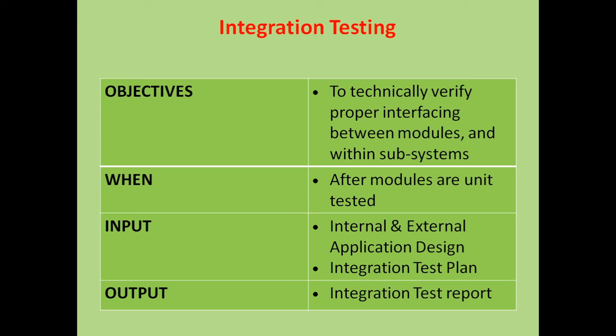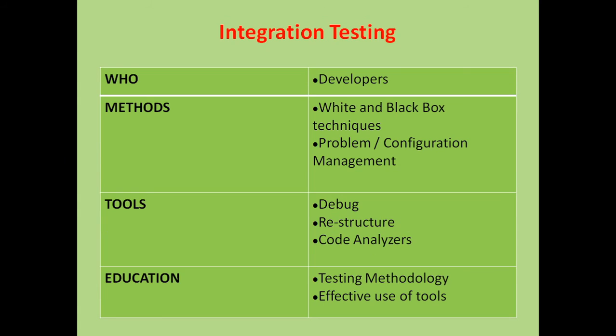So we have to see whether we are able to do what we have given as a part of the external design or not. The integration test plan also has to be the guideline for integration testing. The output is eventually whether it is integrating well or not, what obstacles were faced, and how we resolved those.